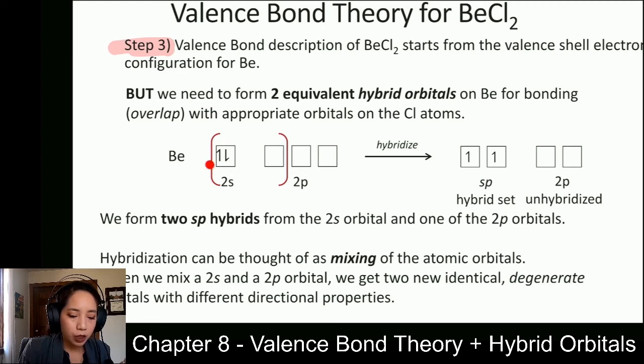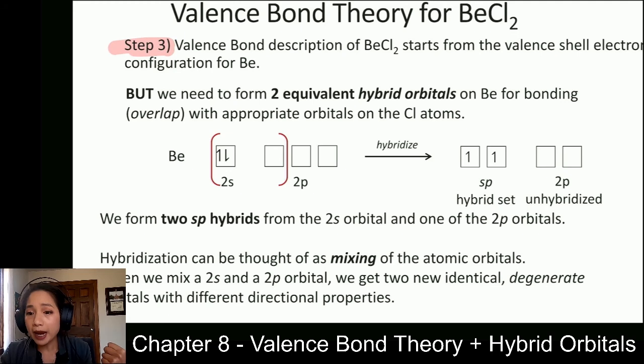All right, because I already showed you that all of the valence electrons on beryllium are in this 2s subshell, so they're not available for bonding for the chlorine atoms, but we know that beryllium chloride exists, so how can we unpair those electrons to then go on and make bonds with adjacent chlorine atoms? So this is where hybridization and valence bond theory comes into play in order to describe the covalent bonding. So we need two unpaired electrons in two different orbitals to make those beryllium chlorine bonds.